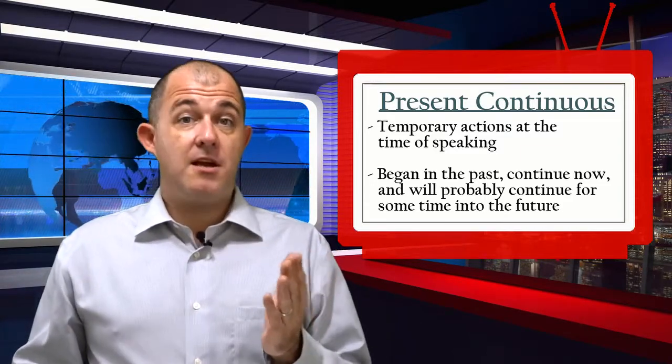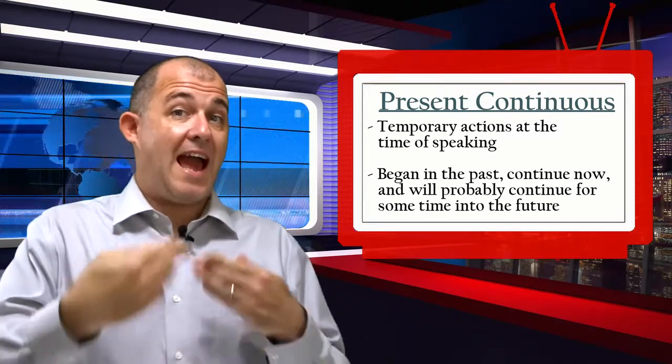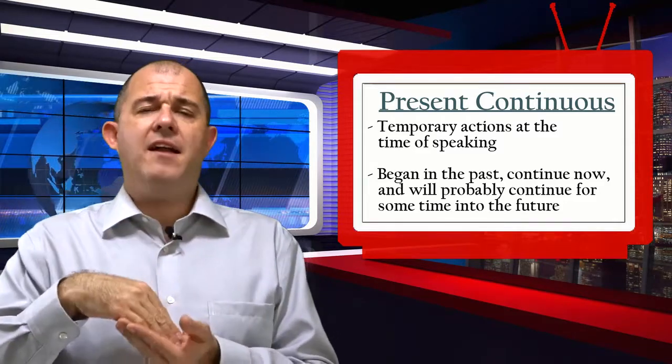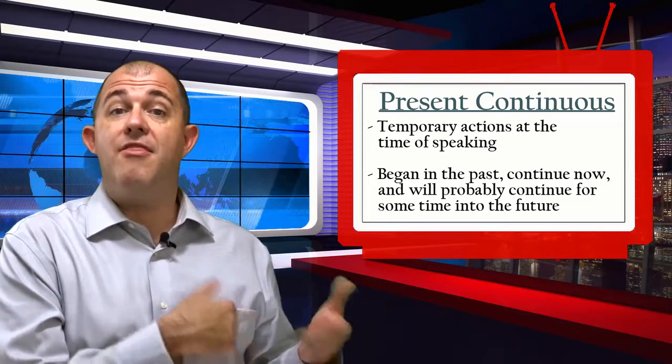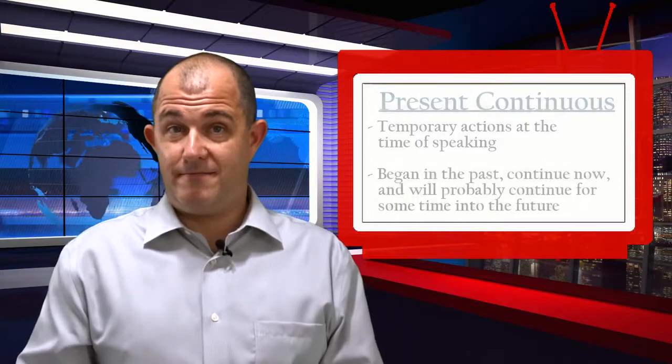These actions began in the past, they have continued as actions until this moment, the time of speaking, and they will continue for some time into the future. Then they will stop because they are temporary.